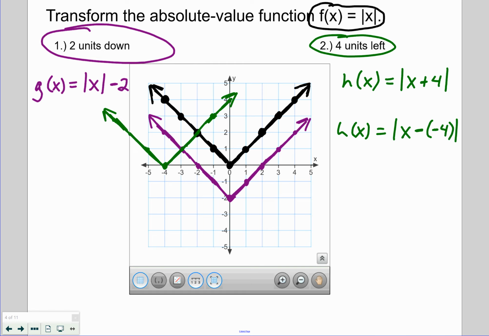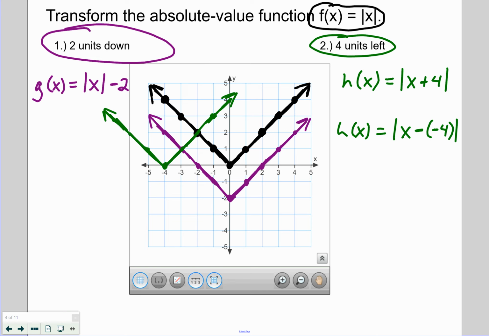So when you plug in x minus your h value of negative 4, you're not going to leave it as minus a negative. You're going to rewrite this as a positive. So that's why it's always going to be the opposite sign when you're moving horizontally. So inside the absolute value, you got to think opposite. If you're moving to the right, this would end up looking with subtraction, x minus 4.